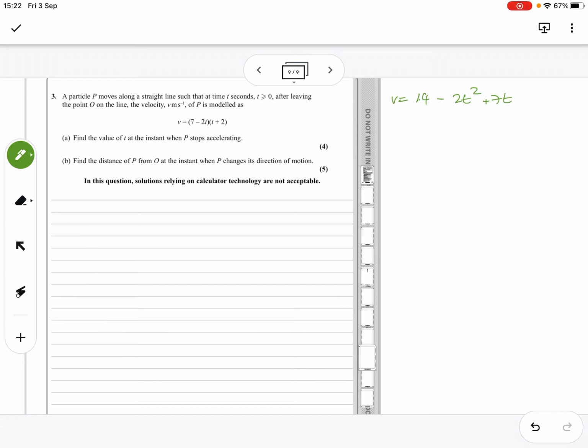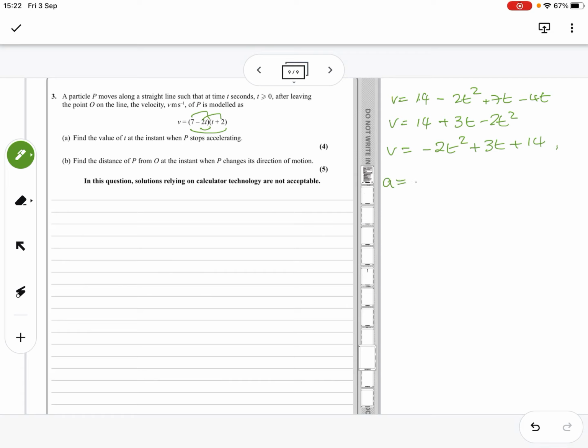Isn't that weird? I'm not getting this right. 14 minus 2t, 7t minus 14. Good, got to get there in the end. So you've got 14 plus 3t minus 2t squared, or the other way around, minus 2t squared plus 3t plus 14 is probably the way I would do it.